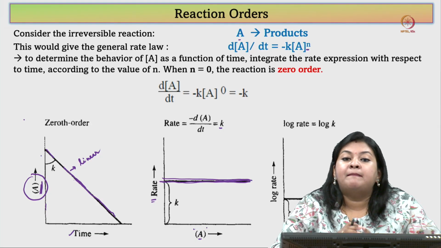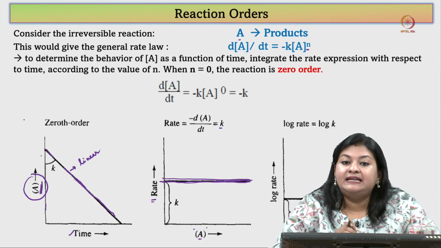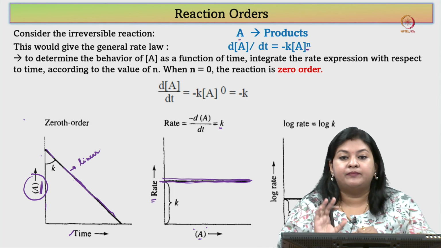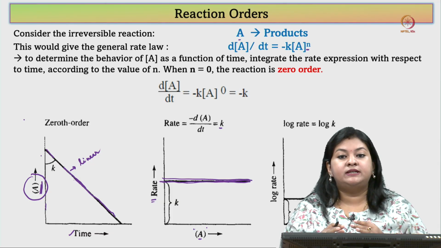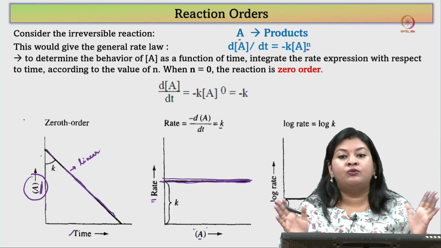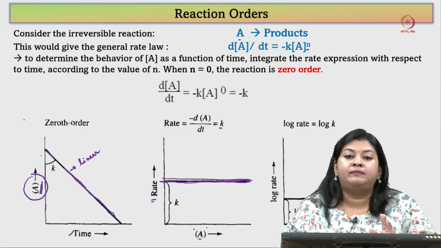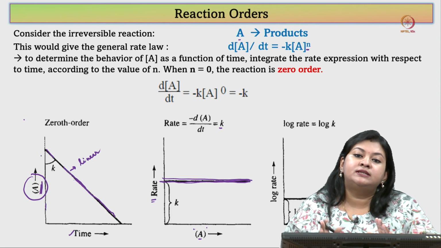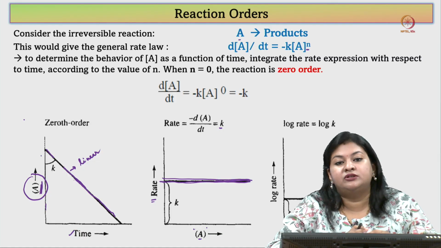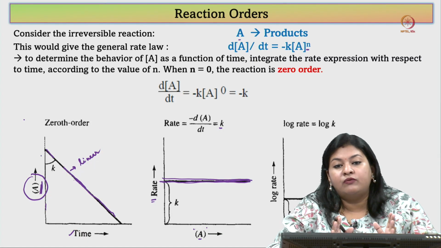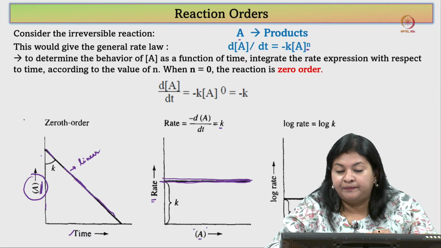That means my reaction is independent of the concentration of A. If I multiply the initial concentration 100 times and still start the reaction, the reaction rate will be the same. That means it is independent of the concentration of A.